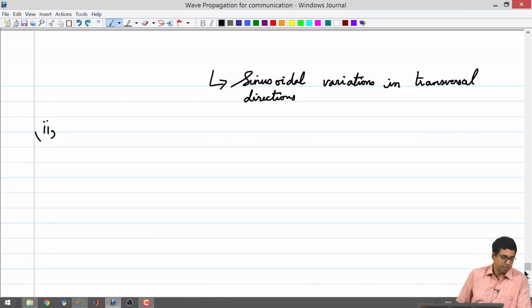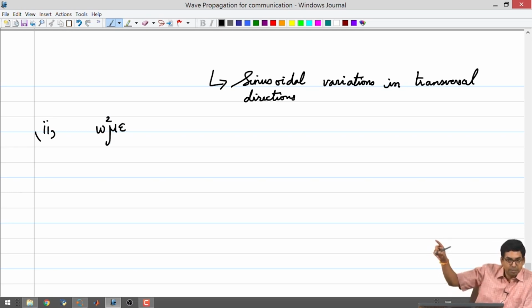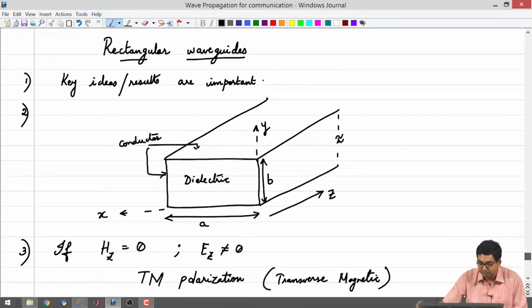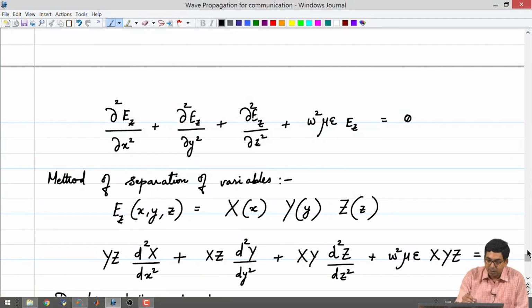You will notice that when you do the substitution, you had omega square mu epsilon to be the last term, and you will also end up getting some other terms. Because of the way we have written the Ez expression, Ez has beta. If you go back to your original wave equation that you had started with, it had only del square Ez by del x square, del square Ez by del y square, del square Ez by del z square.